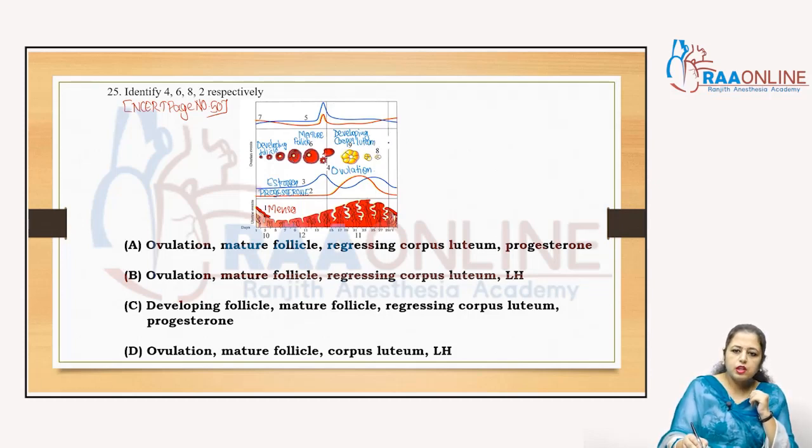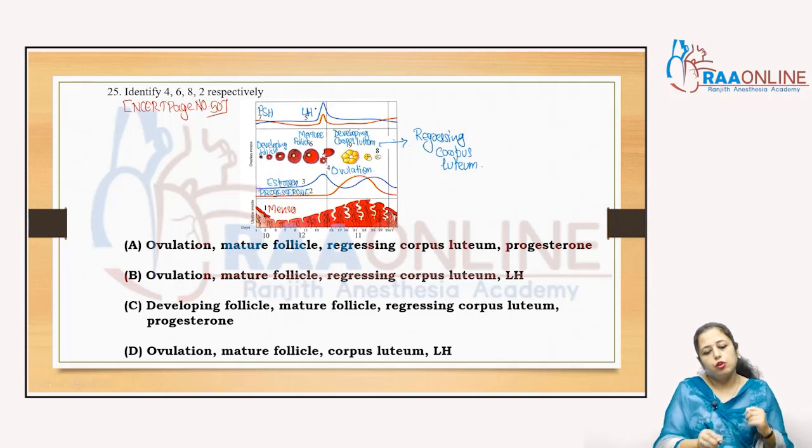And that 8th one is the regressing corpus luteum, that is the corpus luteum gets degenerate here, right? Now these are the hormonal levels: that 7th shows the FSH level and that 5th one shows the LH level, right? That is luteinizing hormone.